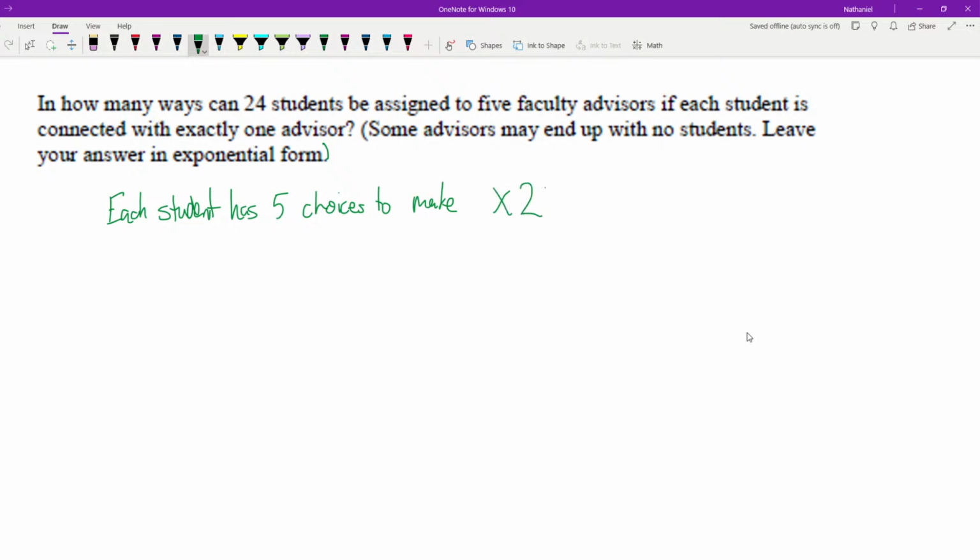And then we have 24 students, right? Do you agree? Okay, so that's from the student's perspective.